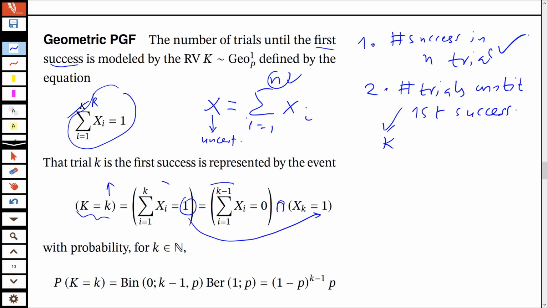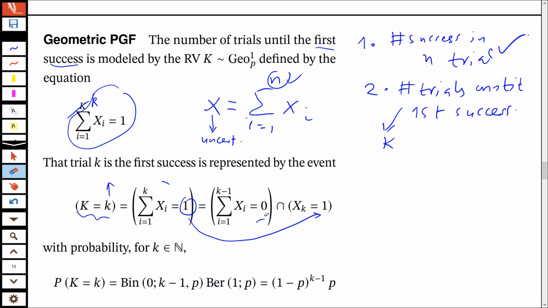All the previous trials from 1 up to k minus 1, because the kth one gave me a success, they all must have given me a failure. Two reasons. First, I only need to have 1 success, and that success must be the last of those k trials. So from 1 up to k minus 1, I must have failures. If any of these were 1, then this whole event was wrong, because then I should have written a smaller value of k.